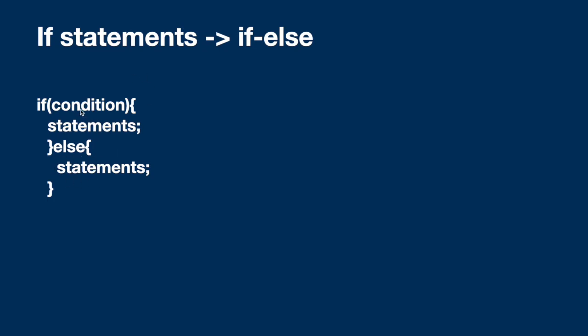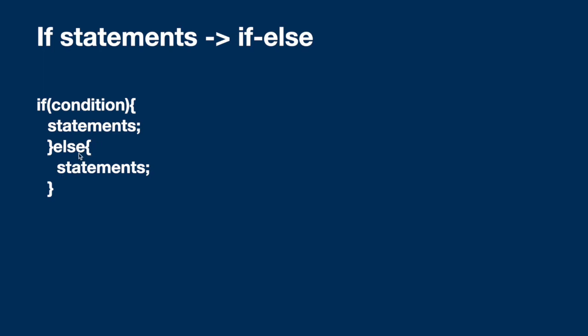If the condition in the if parentheses is false, then in all other conditions these statements will be executed. If this condition is false, we will go to the else part, and in all other cases other than a true outcome for this condition, we will execute the statements in the else section.